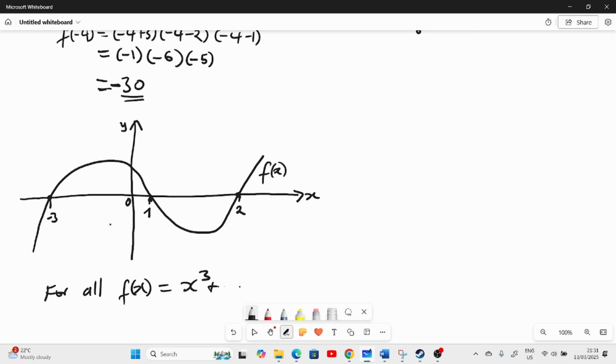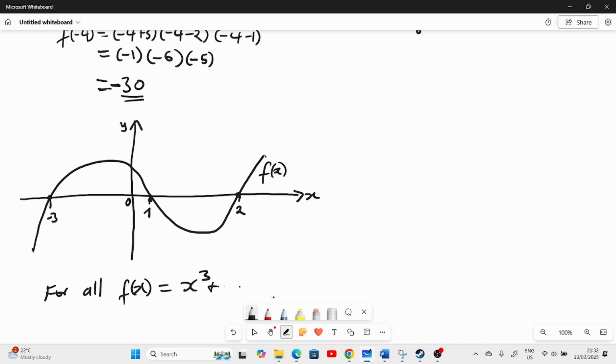To start from this point, to start below the x-axis, and then wind and then end up above the x-axis. So start below the x-axis, and then end up above the x-axis.